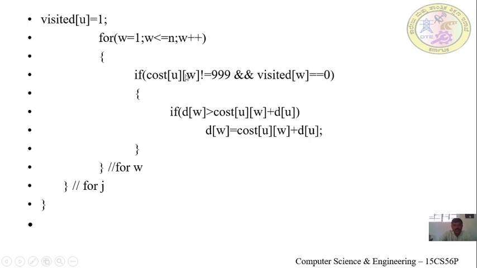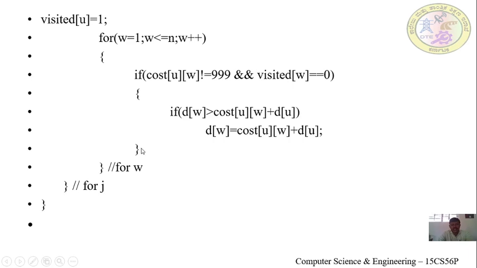So if the distance of the new vertex is greater than the cost of u to v plus the distance of u, whichever is minimum is the final one that we are going to update. If it has a directed edge, what is the cost of that direct edge? If it is less than the cost through other vertices, that will be selected.